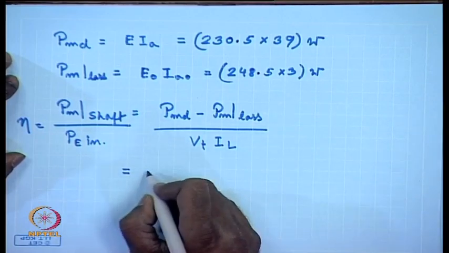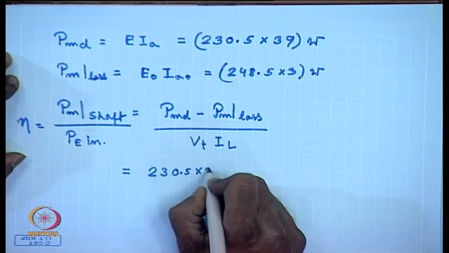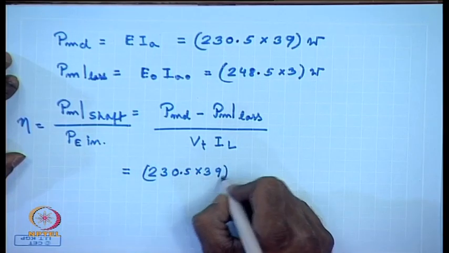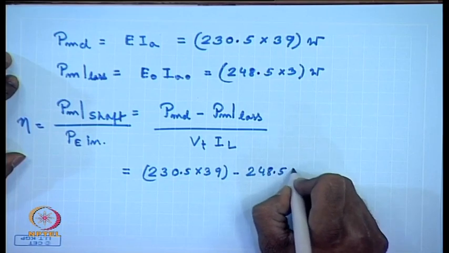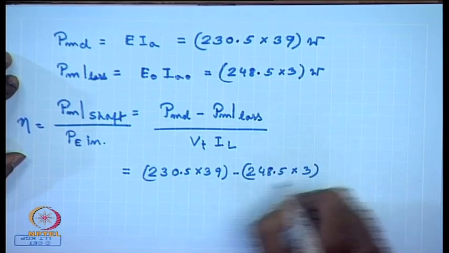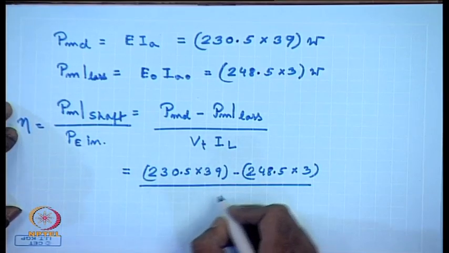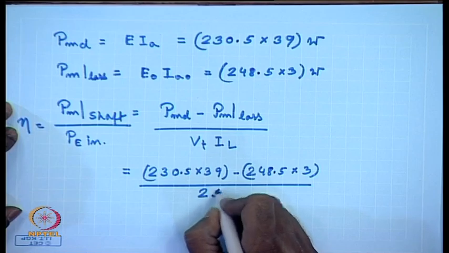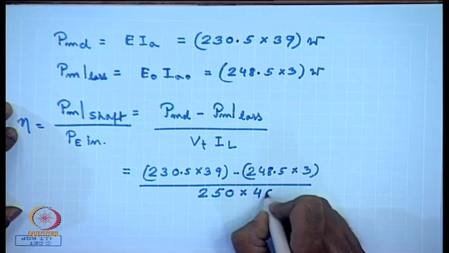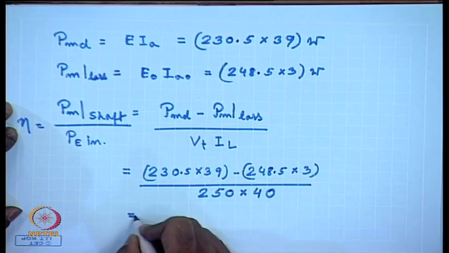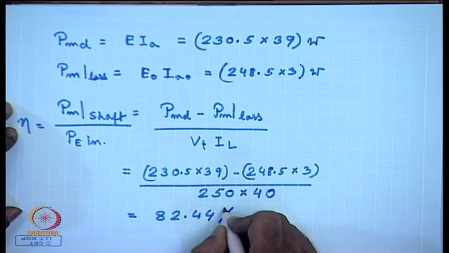This comes as 230.5 into 39 minus 248.5 into 3 divided by 250 into 40. This comes to 82.44%.